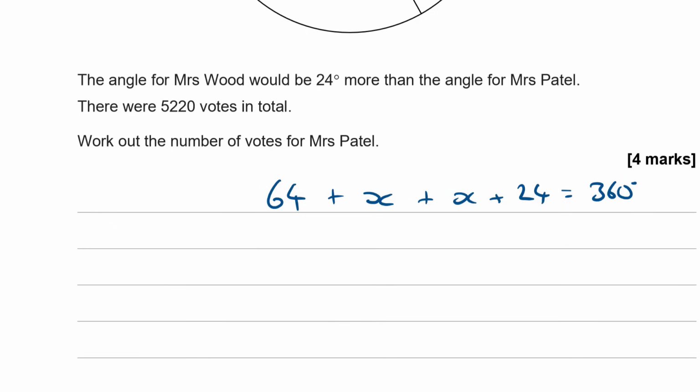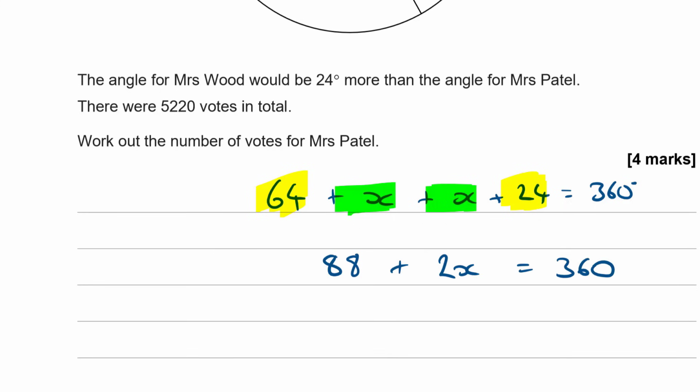Okay, so then collecting like terms, I've got a number 64 and 24, and I've got an x and an x. So adding like with like, 64 and 24 gives me 88 plus 2x is equal to 360 degrees.